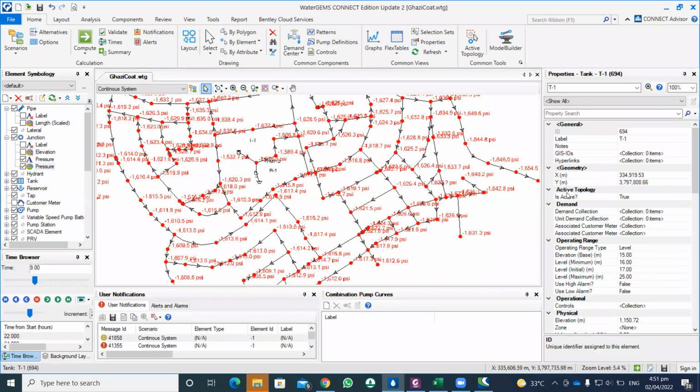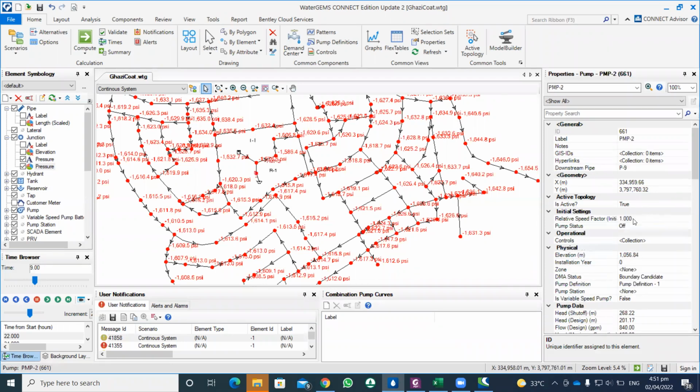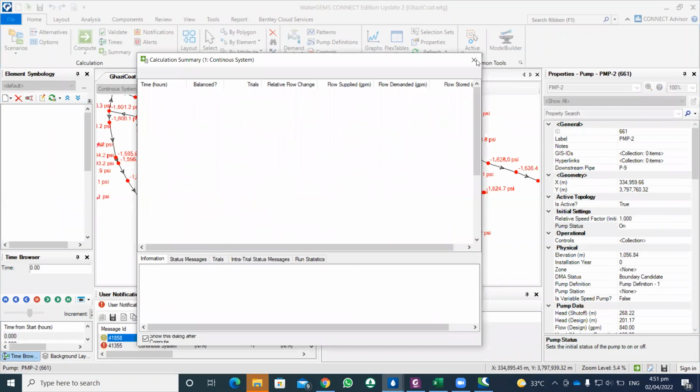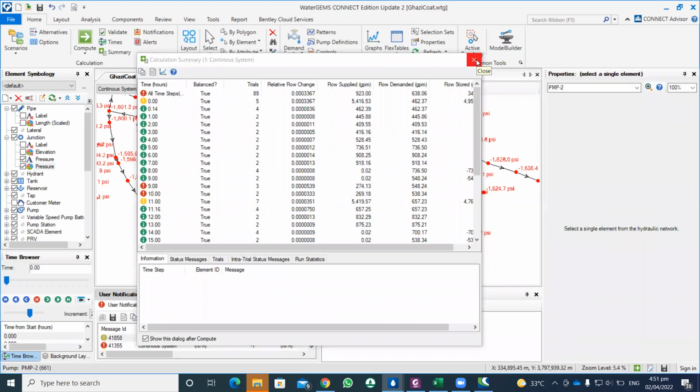But I want to open the pump at the start of the simulation. Let me open the pump. The first simulation should run. So basically the tank is not sufficient to fulfill the demand. The demand is very high, therefore 4 to 6 tanks would be required in order to fulfill that demand.